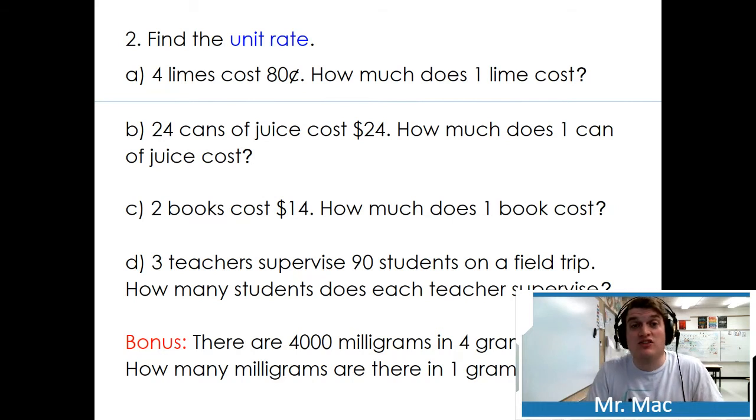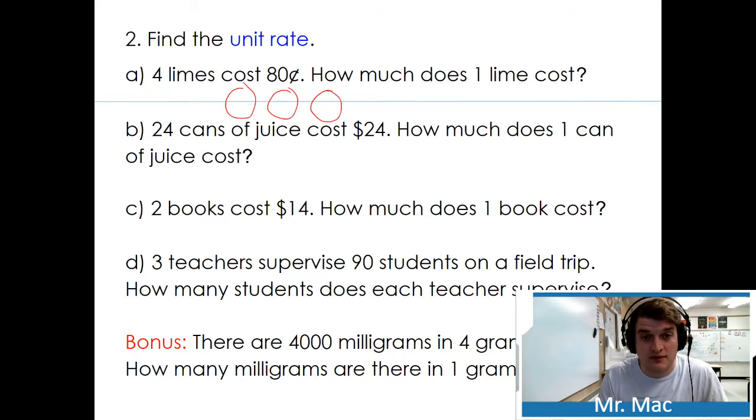Exercise number 2 is just asking for you to find the unit rate. 4 limes cost 80 cents. How much does 1 lime cost? Well, again, I'm going to be using groups that represent my limes. And with a big number like 80 cents, I'm going to use 10 blocks and see if I can share my 10 blocks among those 80 cents, or dimes, if you'd prefer to think of it as dimes. 10, 20, 30, 40, 50, 60, 70, 80.